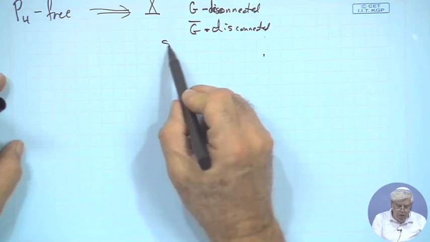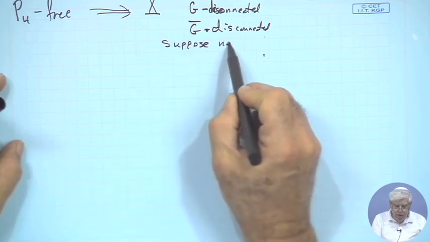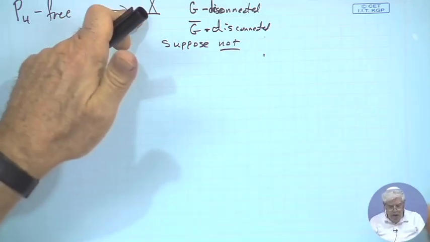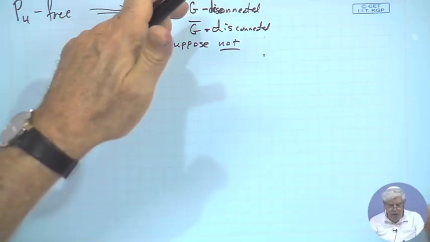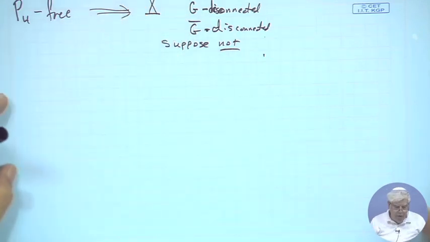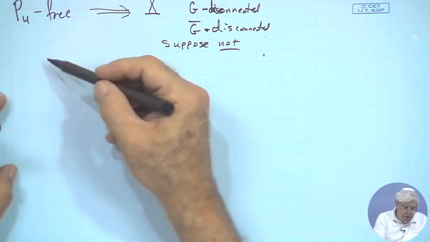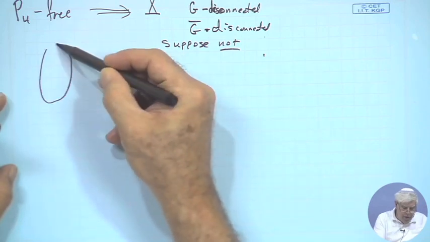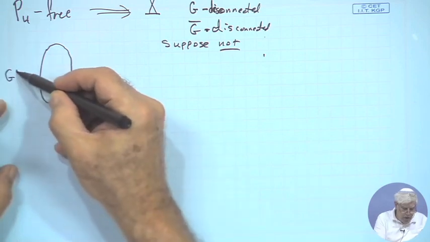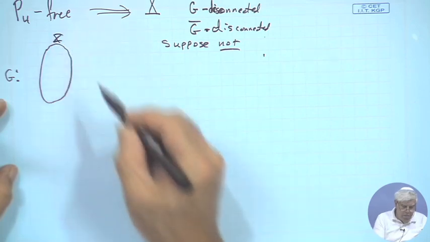Well, suppose not. Suppose that I did have X which is connected in both G and G bar. Okay, so my picture might be something like this. In G, the picture looks like this.